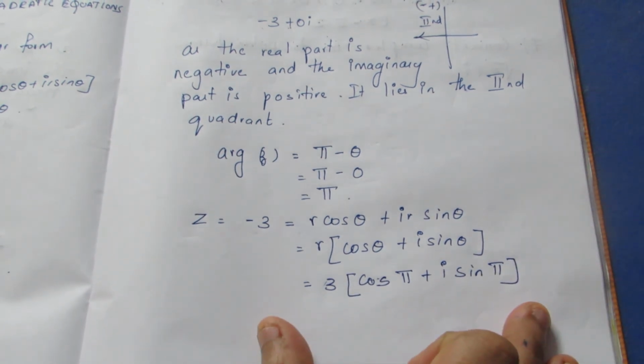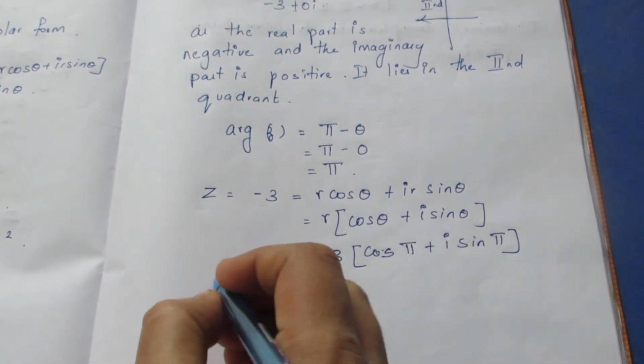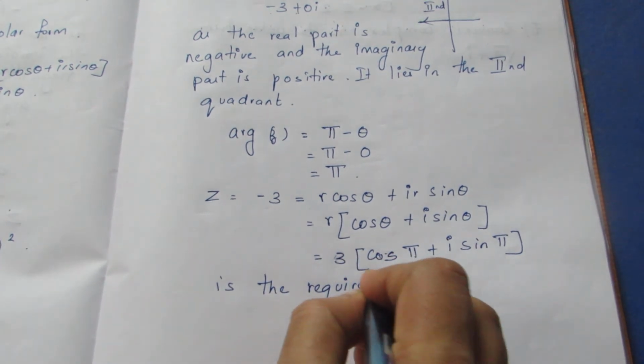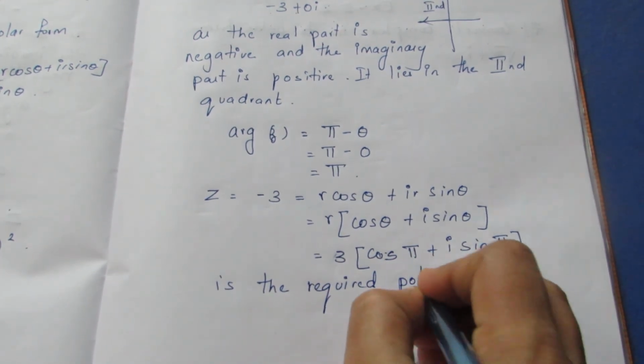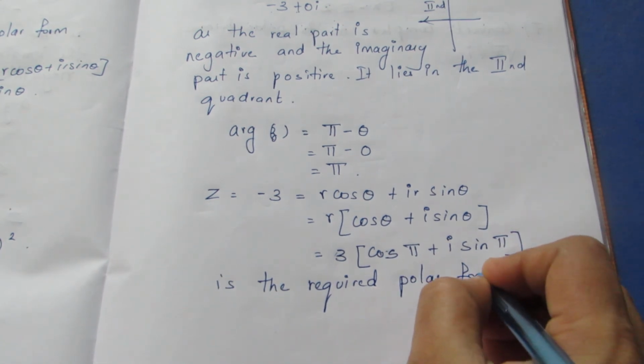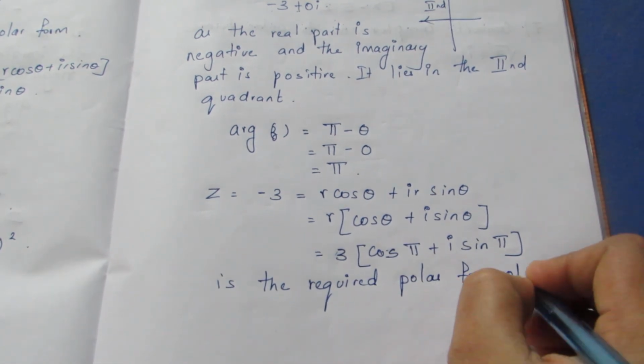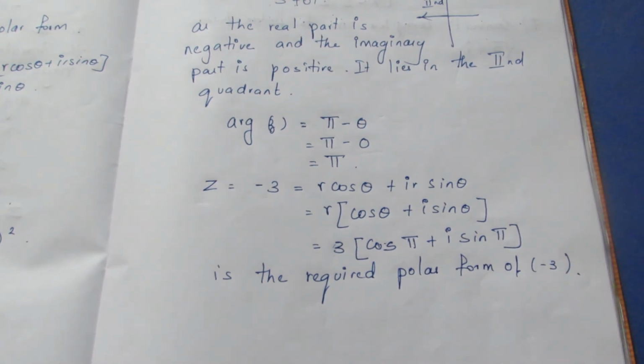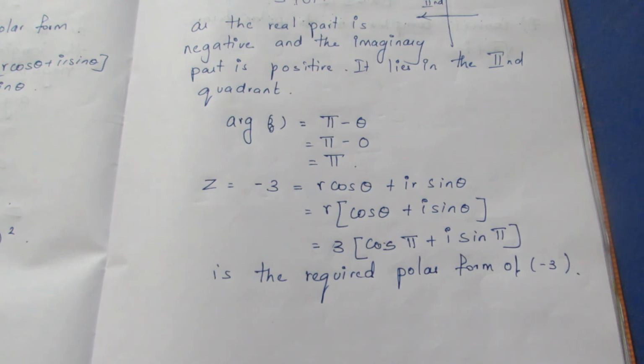This is the required polar form of -3. So this is the required polar form. We have found the polar form. That's all with the sum. Thank you.